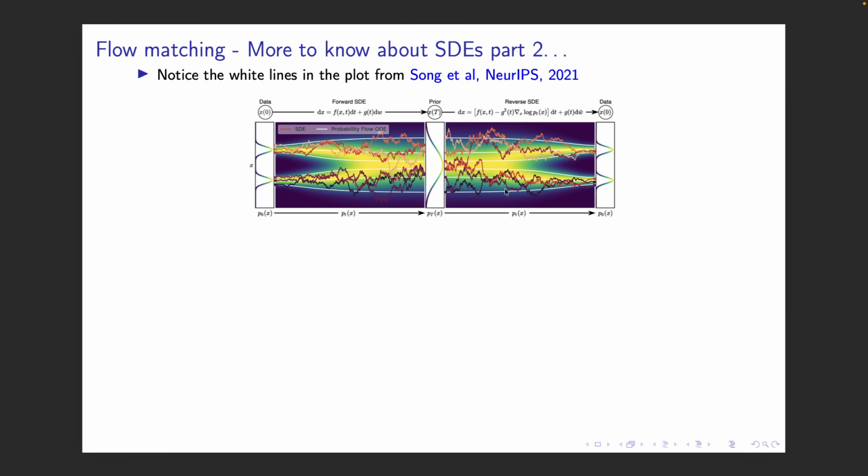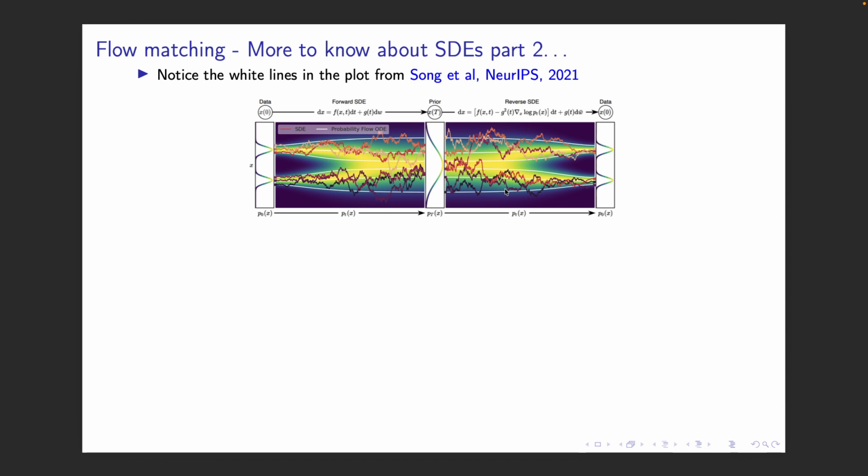So in this plot, what the authors have shown is that you have an SDE that defines these very noisy paths, and then you have an ODE that defines these very smooth paths. But if you slice the distribution and find the marginal, they will have the same distribution.